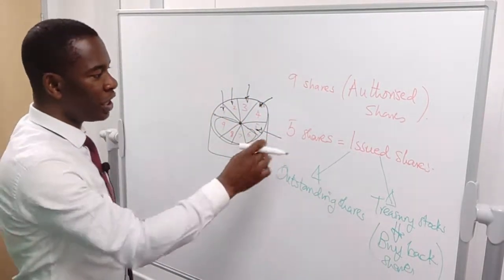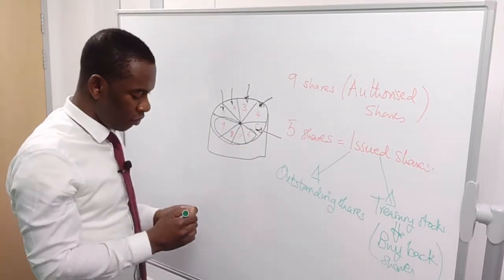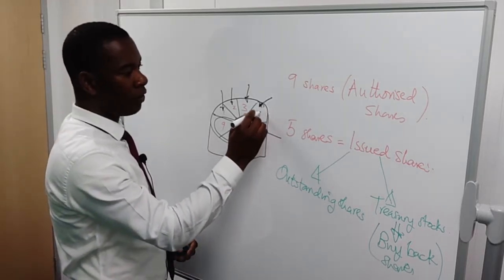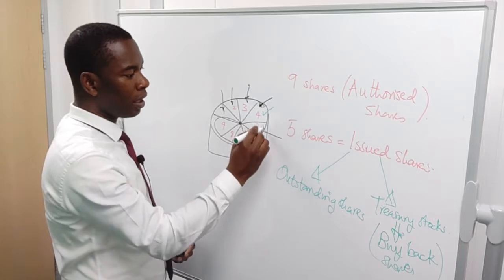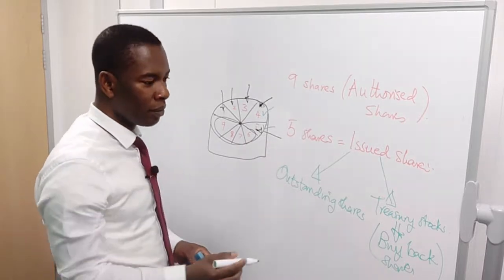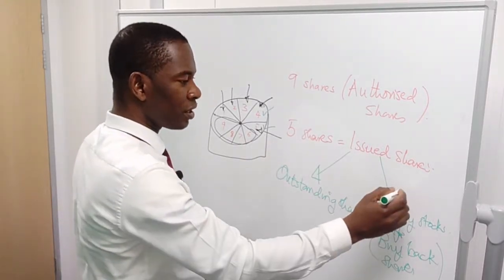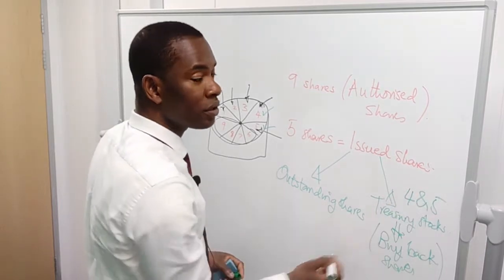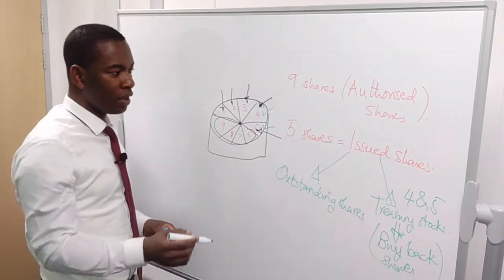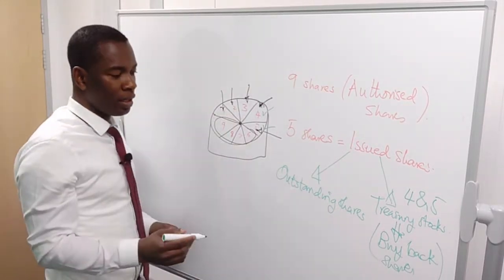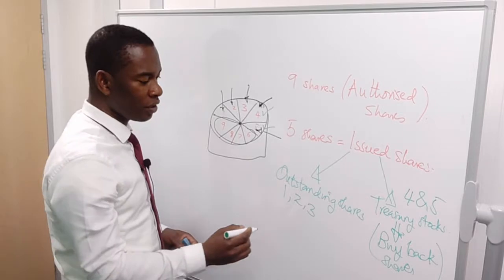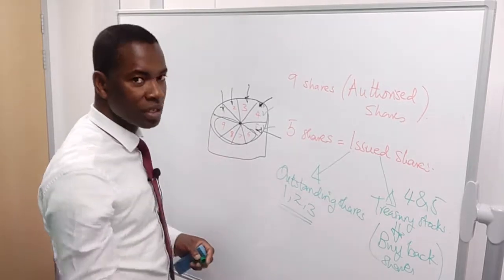So let's assume out of these shares they bought 4 and 5. So 4 and 5 become treasury stocks, and then the remaining 1, 2, 3 become the outstanding stocks, shares, whichever.